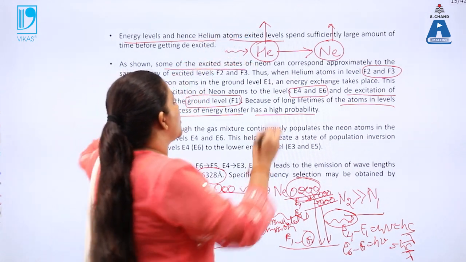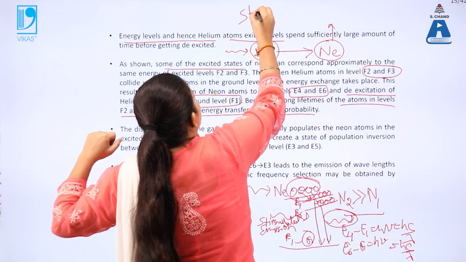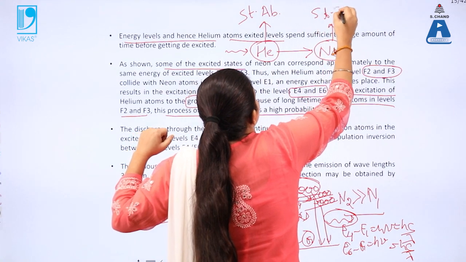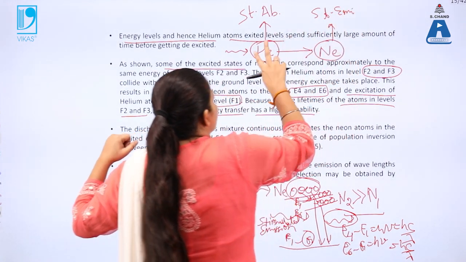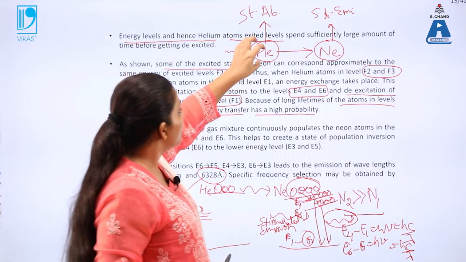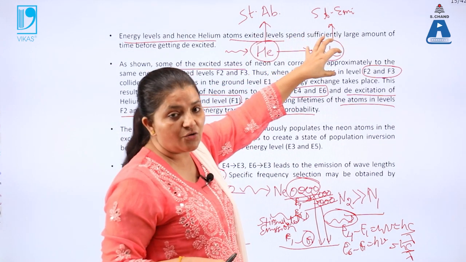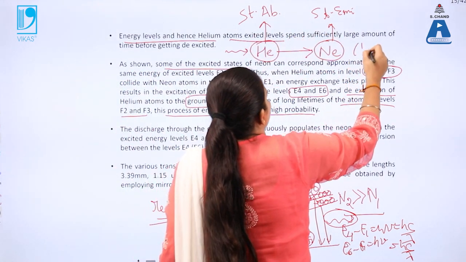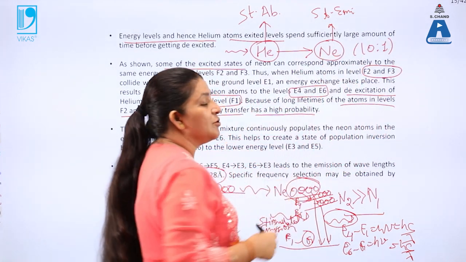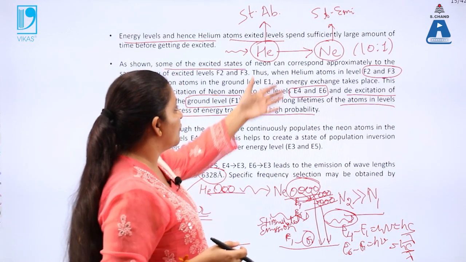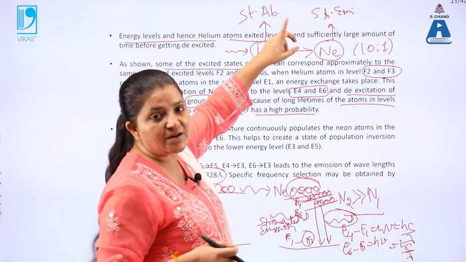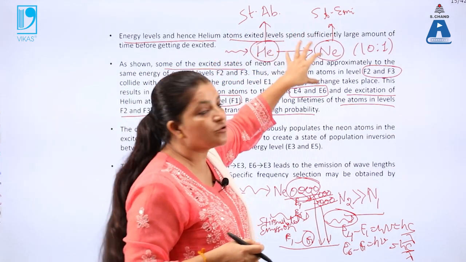Helium atoms are responsible for the stimulated absorption, and neon atoms are responsible for the stimulated emission. These processes take place simultaneously when we take the combination of helium as well as neon in the ratio 10:1, meaning with 10 atoms of helium, one atom of neon is present. In neon there are 2 metastable states instead of 1, so this is also called a 4 state level.